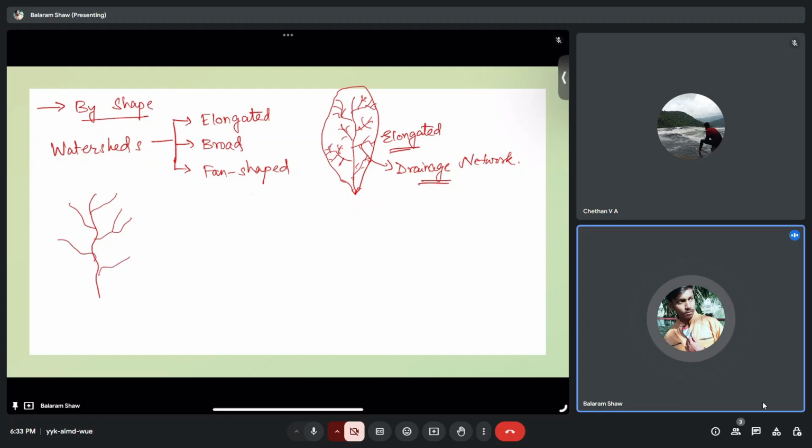Most of the tributaries you can see are joining at acute angles. So this pattern we call the dendritic pattern.